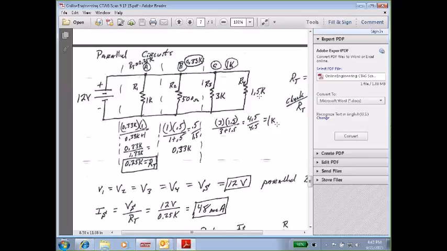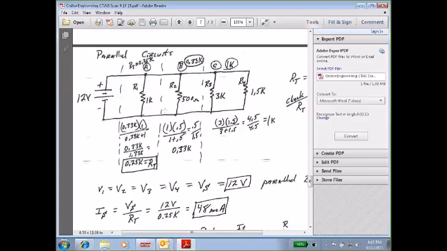Well, it is. 1 is less than 1.5. Okay, now take that value and put your next one in there. 1 times 1/2, because I put everything in K, that's 500 ohms, that'd be 1/2 a K. Divided by 1 plus 1/2, that's 1/2 divided by 1.5 is 0.33 K.